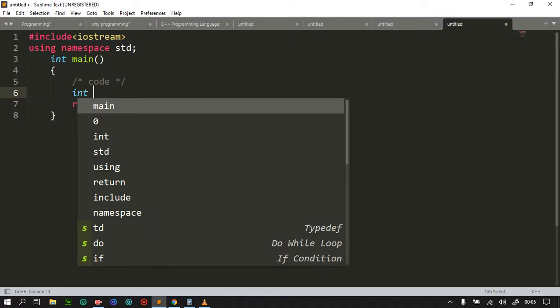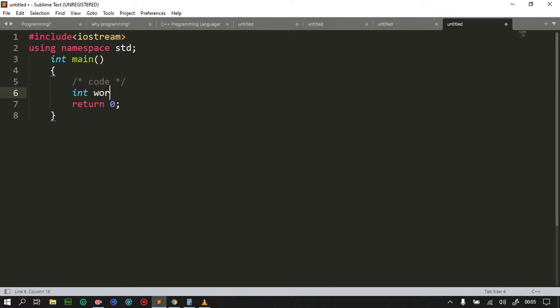We shall say int work days. We have a variable called work days, and it's an integer variable, and it's given 5. You know, work days are 5. So we have what we call work hours.